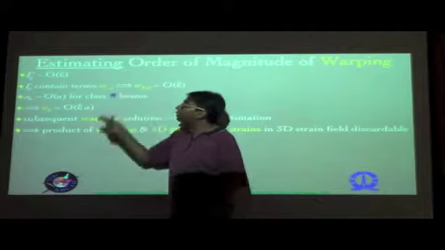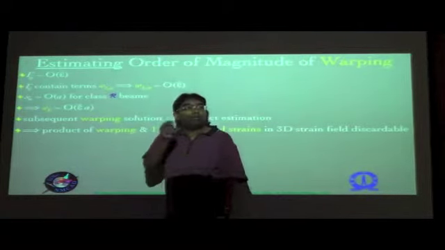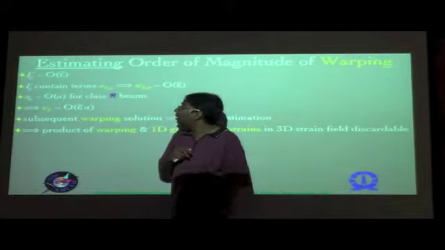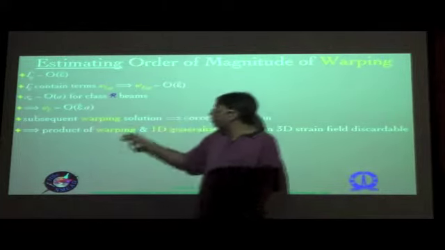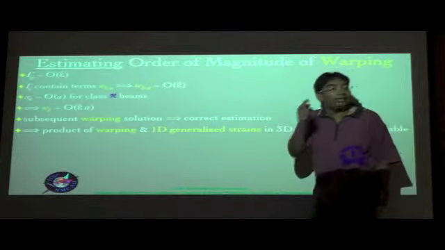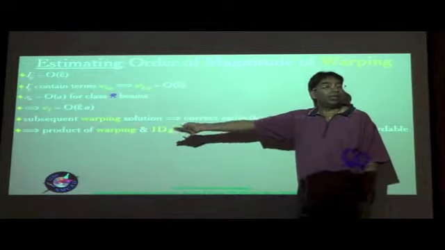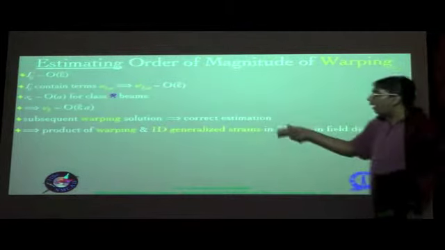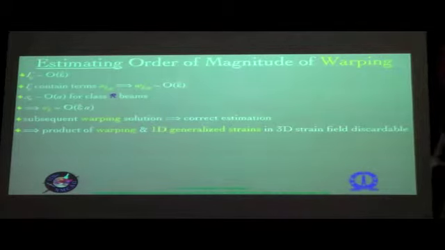Apart from that, you will also see in the expansion of gamma, irrespective of whether you have used the big B or big T system, when you have the full expressions for the capital gamma, that some of those terms not only involve purely warping, but also products of the warping W's with the 1D generalized strains, say W multiplied with a kappa 1, or W2 multiplied with a kappa 2 or kappa 3, etc. So you will have products of warping and the 1D generalized strains in many of the terms of big gamma ij.